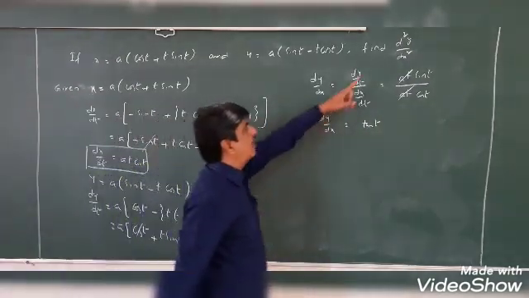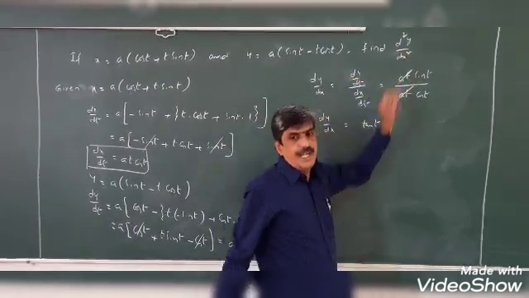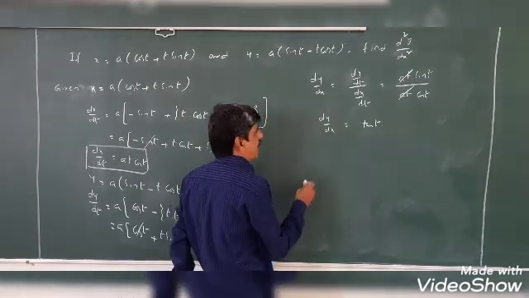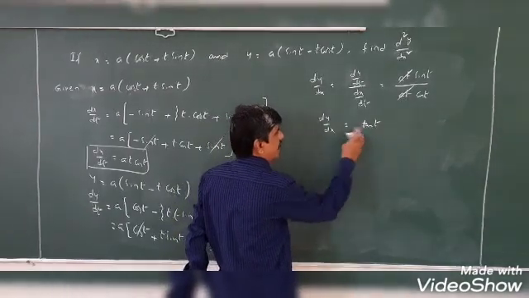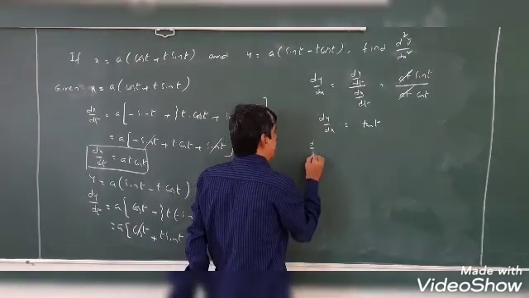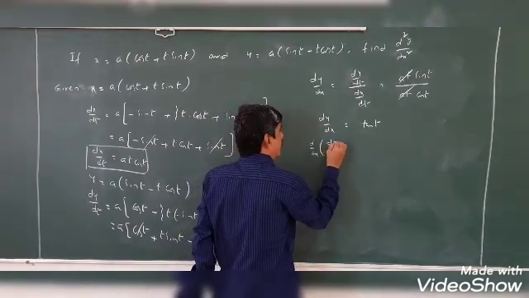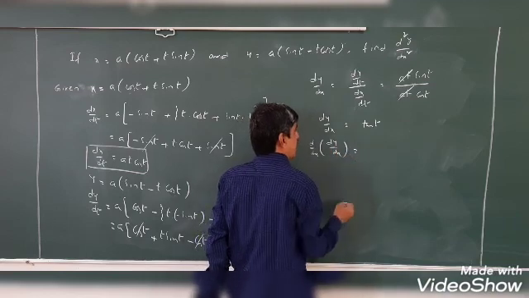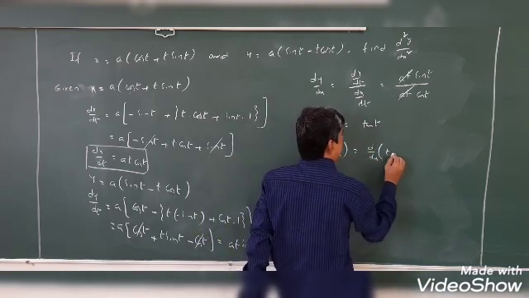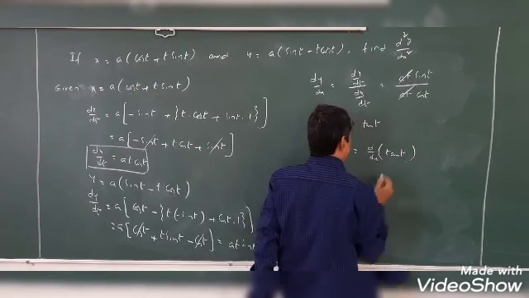But we want to find d square y by dx square. This is dy by dx. So d square y by dx square means differentiate with respect to x on both sides. So d by dx of dy by dx is equal to d by dx of tan t.